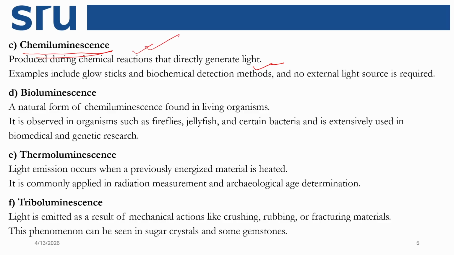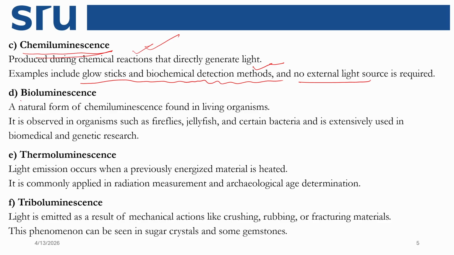So luminescence property is happening in the molecules due to the chemical reactions. Examples include glow sticks or biochemical detection methods, where we are not using any external light source. In the reaction medium itself, due to the reactions, the luminescence property is observed.